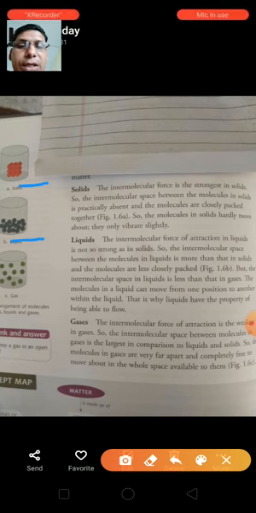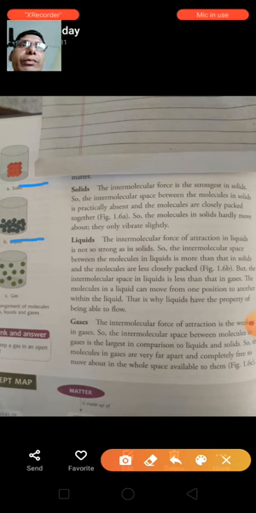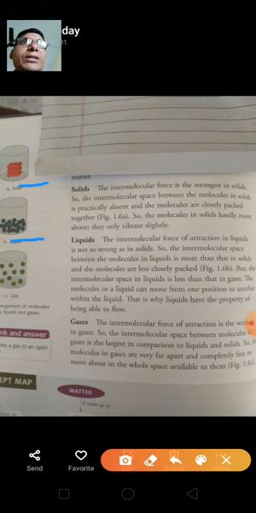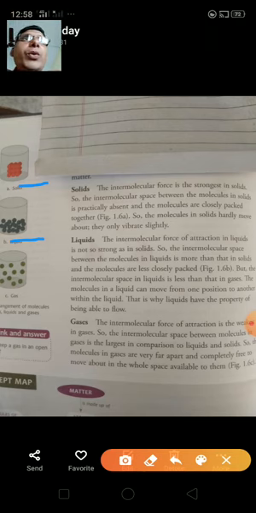The molecules in the liquid can move from one position to another within the liquid because they have more intermolecular space compared to the solid. That is why liquids have the property of being able to flow, as the molecules in the liquid have the gap.